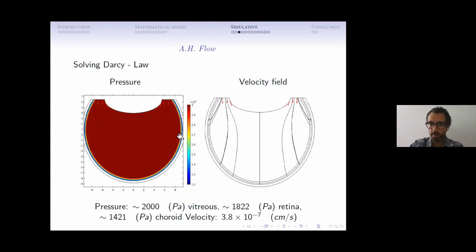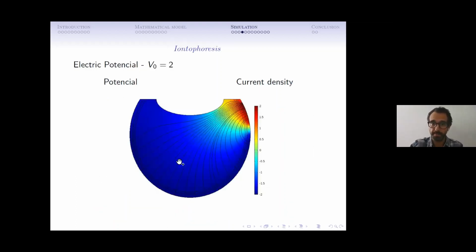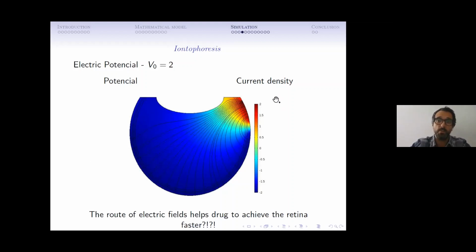We solve the problem also for the electric fields. So for a voltage equal to 2, we obtain this distribution of the potential and of the current density. What we expect is to see the influence of this type of electric fields on the drug delivery to the retina for different kinds of injection.